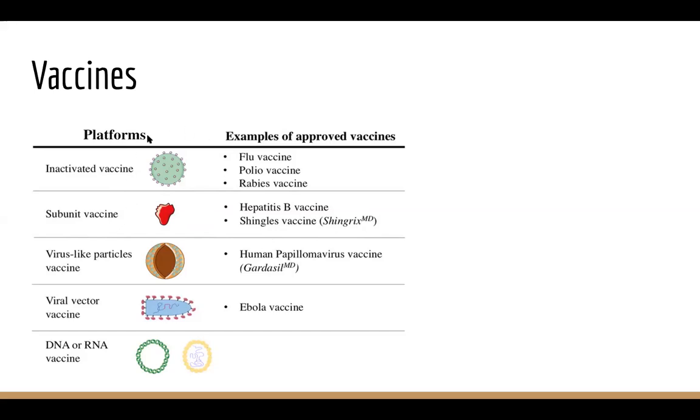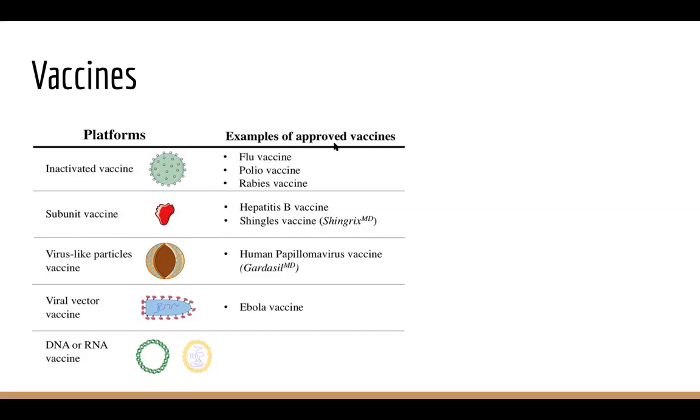There are also inactivated vaccines, which are whole virus vaccines. In general, the virus is killed. This is the flu vaccine that you probably get every year, in addition to the polio vaccine and any rabies vaccines. There is also another form of the flu vaccine. It's called a live attenuated vaccine, which has a weakened virus.